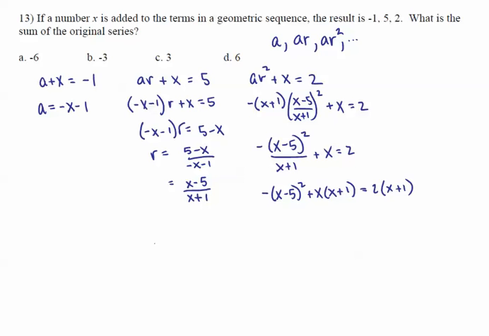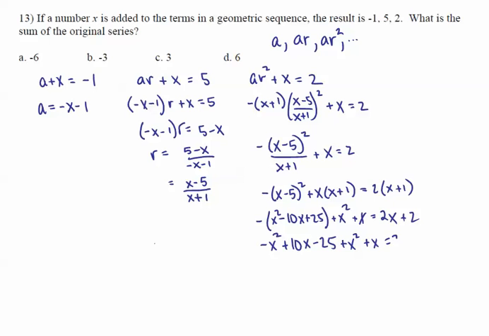Alright, not too bad there. So if I multiply this out, I would get -(x squared minus 10x plus 25), then plus x squared plus x, is equal to 2x plus 2. And again, that's -x squared plus 10x minus 25 plus x squared plus x equals 2x plus 2.